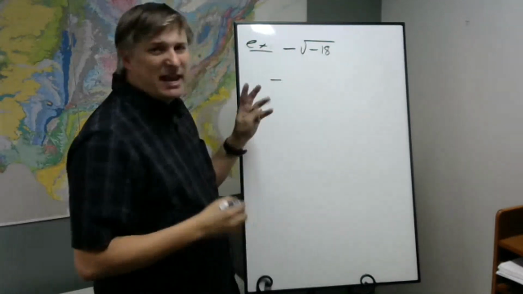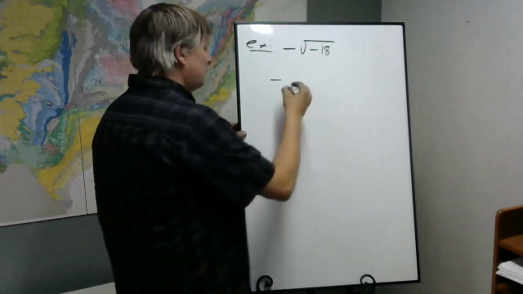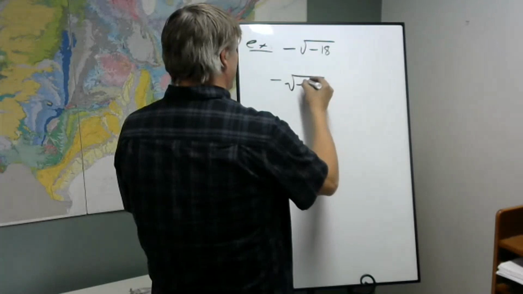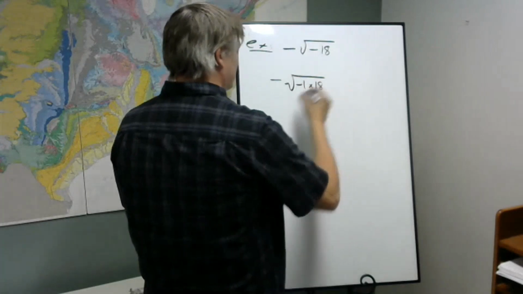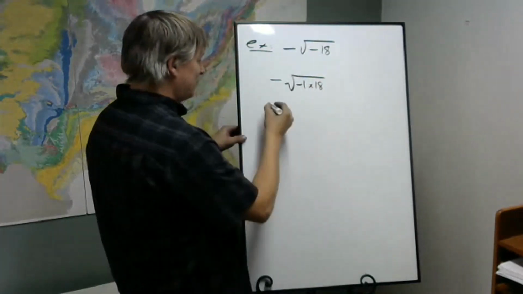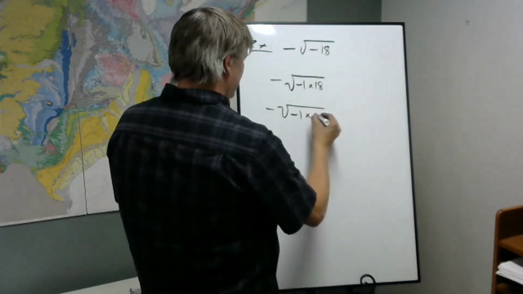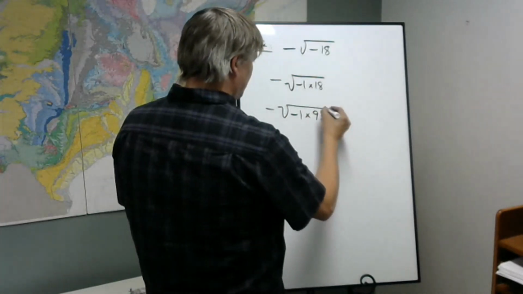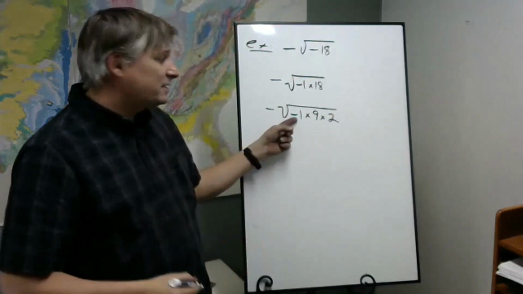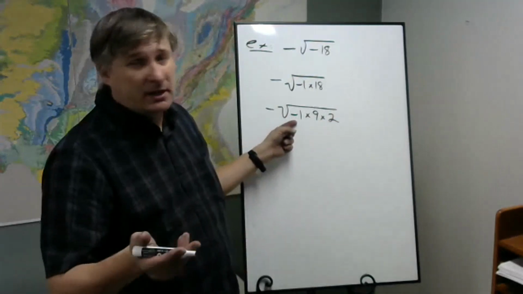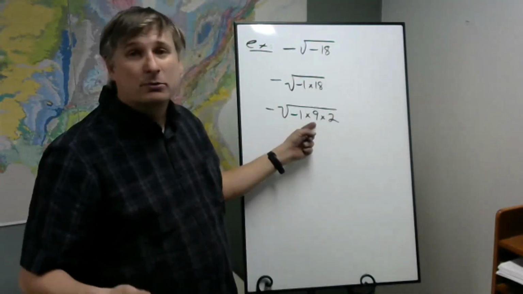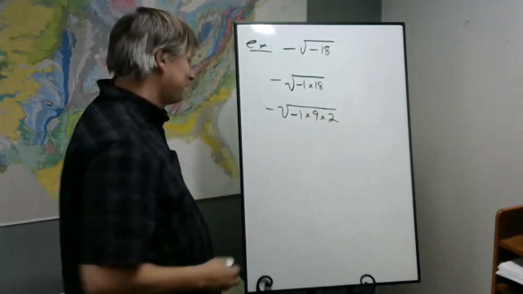Well, this negative is going to hang out here the whole time. But this we can turn into negative 1 times 18. And we could say this is negative 1 times 9 times 2. Now this we can take a square root of. It's going to be i. We'll also have the square root of 9, which is 3.